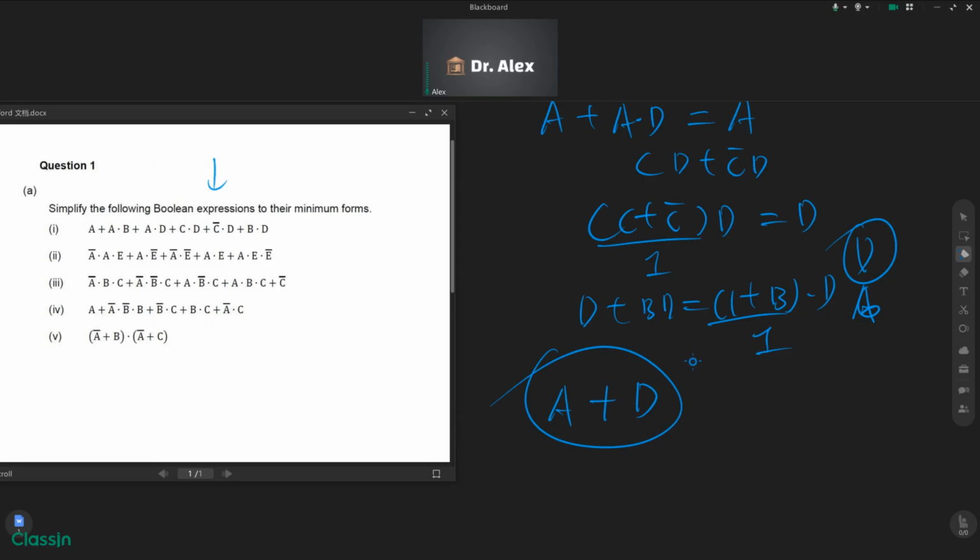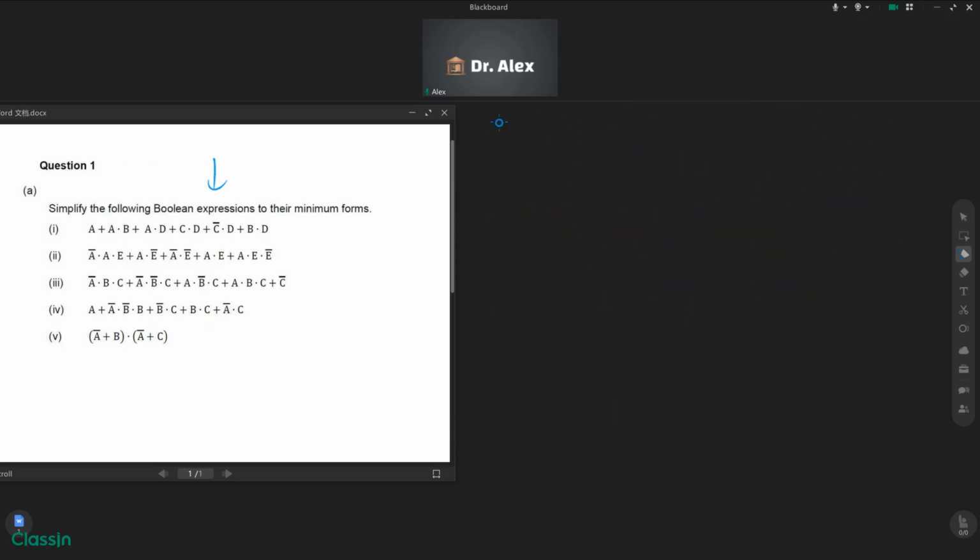That's the final result. Let's look at the second one, which is not A and AE plus A not E plus A not A not E plus AE plus AE and not E. So this is quite straightforward.